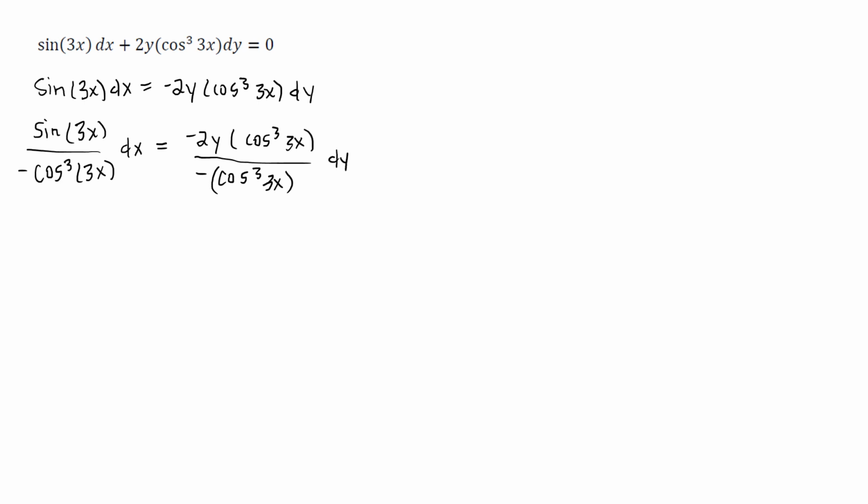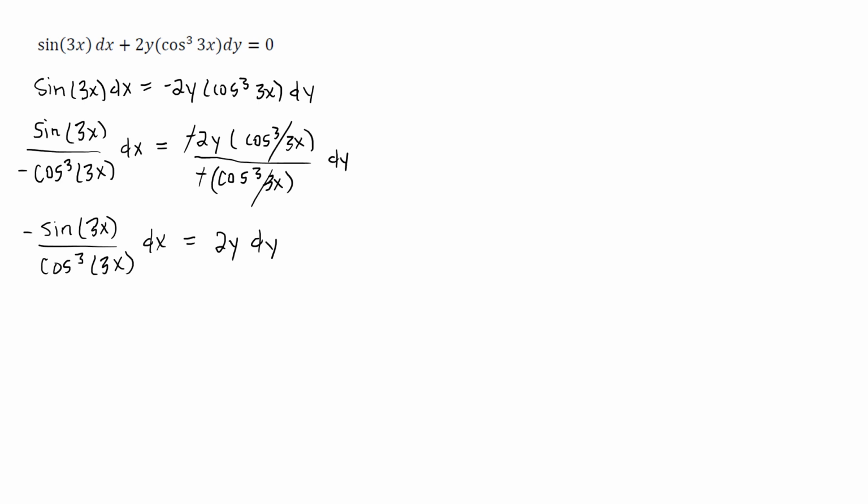Okay, so then the negatives cancel. The cosine cubed 3x cancels over here. And so I have negative sine 3x over cosine cubed 3x dx equals 2y dy. All right, x one side, y other side.